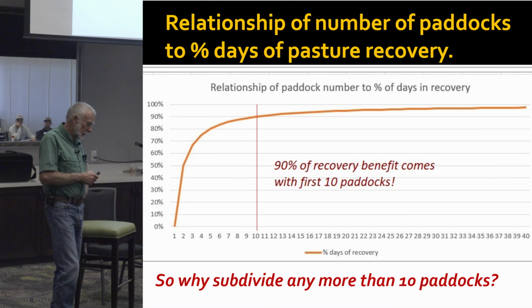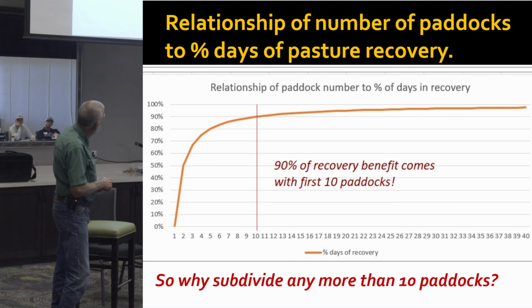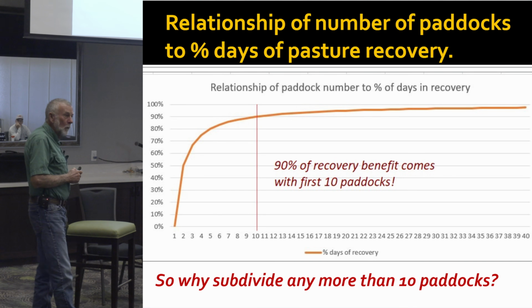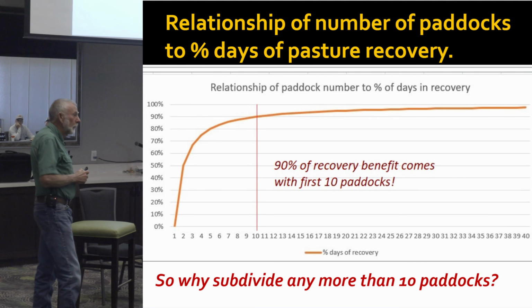So recovery periods do need to be variable in length. We don't want them to become excessive. This graph here, we have increasing number of paddocks or pasture subdivisions across here, percent of days in the growing season where the plants are in recovery.